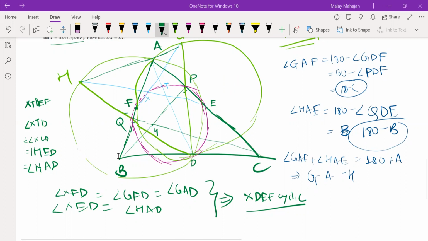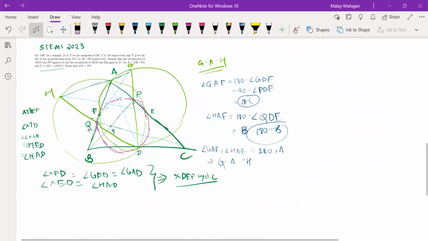But that does mean it's somewhat of a nice angle. So that's one approach.